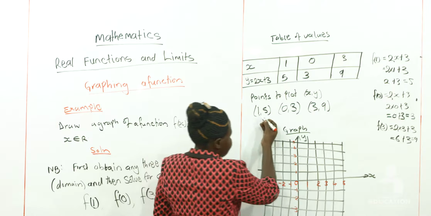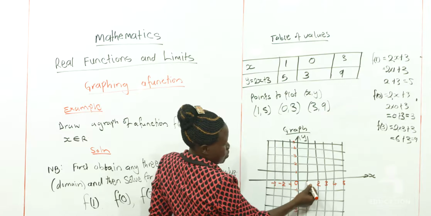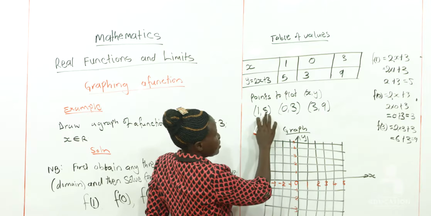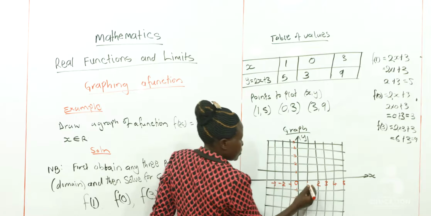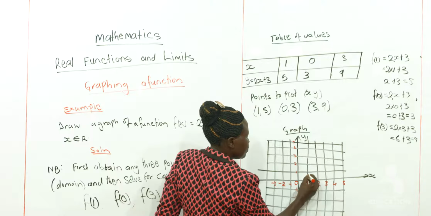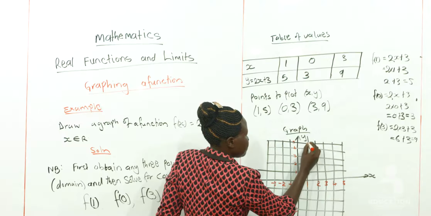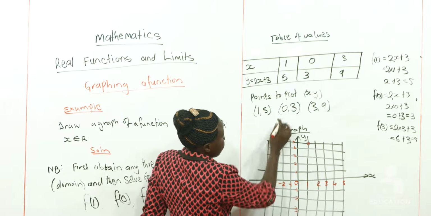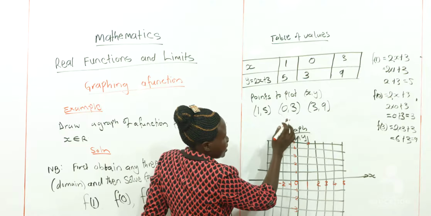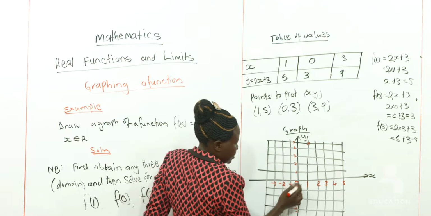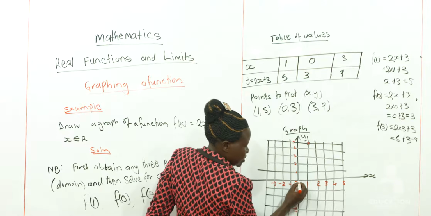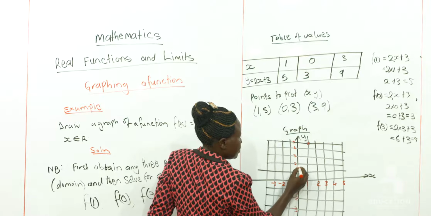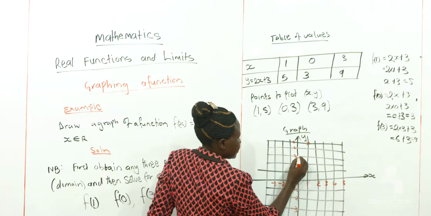On the x-axis, you move one step, that is here. So when you are here, you move on the y-axis, where you are going to plot. You follow this straight line of 1 up to where 5 is, and then you mark it there. And then you come to this. This is 0 on the x-axis, and on the y-axis is 3. So you stand exactly where 0 is, and then you follow the straight line on the y-axis up to where 3 is.